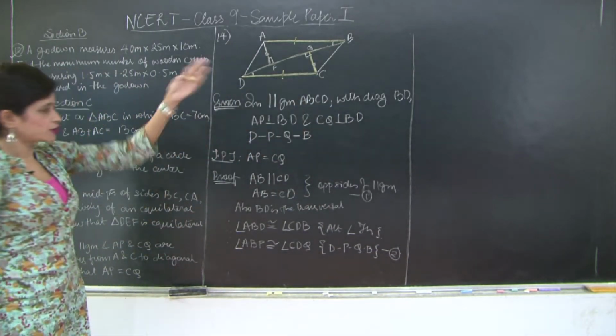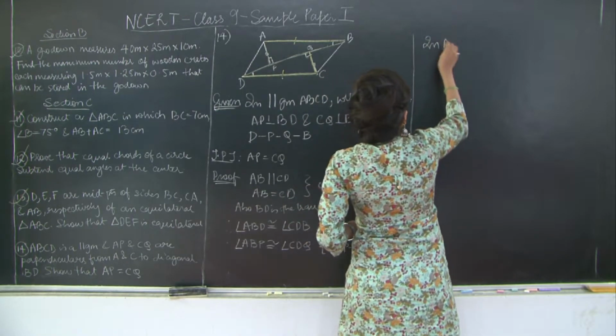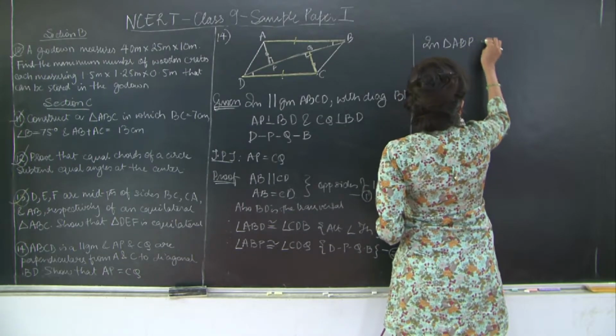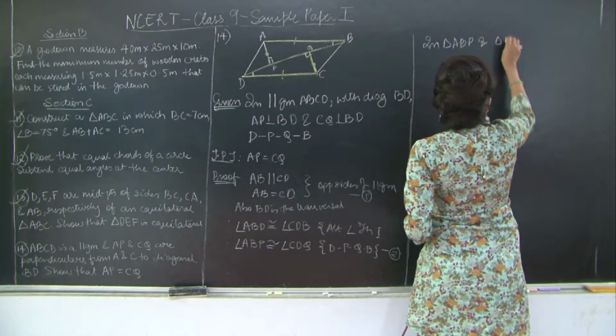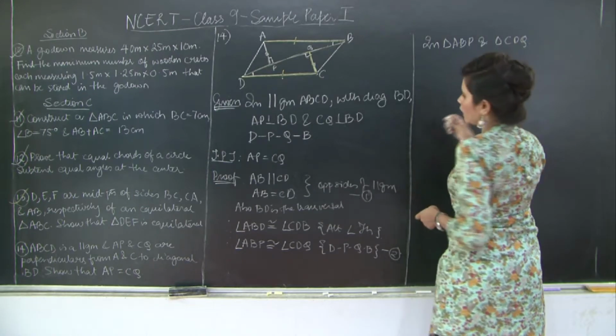So now moving on to that side of the board. Now in triangle ABP and triangle CDQ, what do I have?